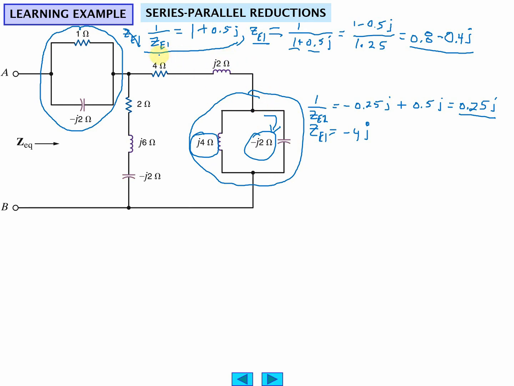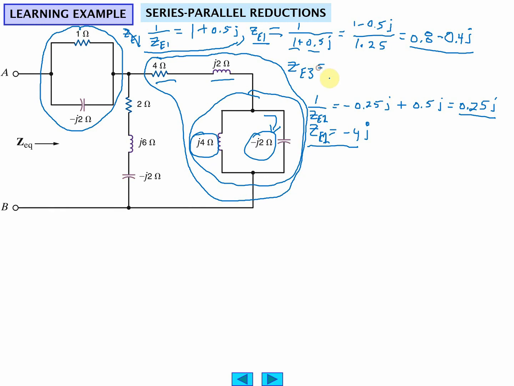Let's get the impedance of all this stuff, which is just taking this and adding it to these two impedances. So Z equivalent 3, and that's not ZE1, that's ZE2 right there.